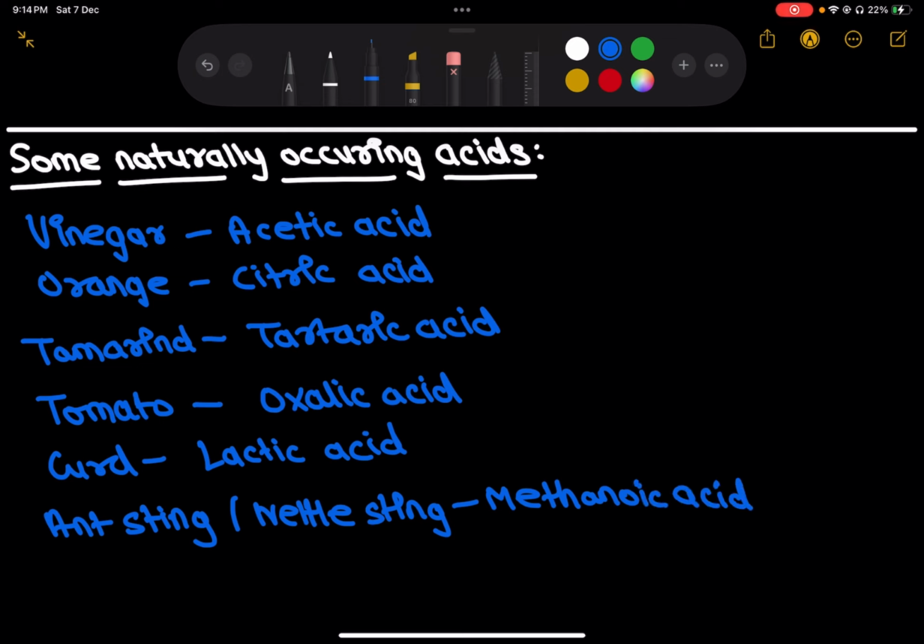So you must understand one thing, that all of these acids which are present naturally are all mild acids. They are not strong. Strong acids are produced in the laboratory. These are all very weak mild acids, and some of them are also very good for our health, right? We use them in our everyday cooking, or we eat them directly, orange and curd and tomatoes, right?